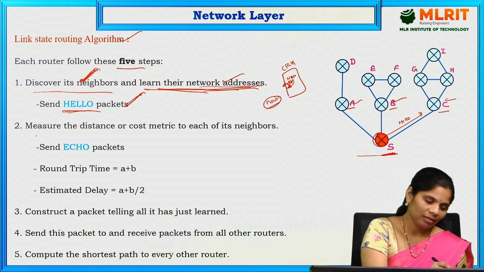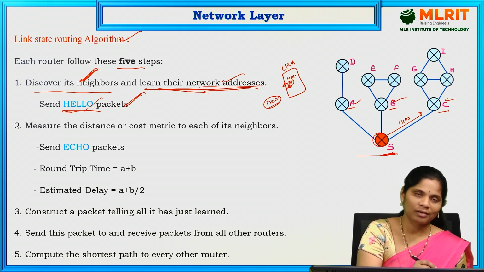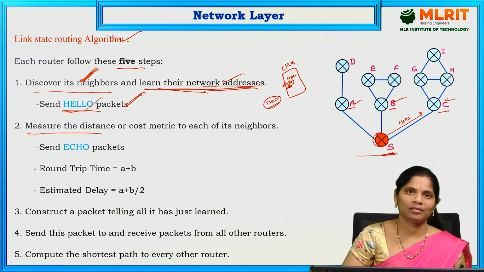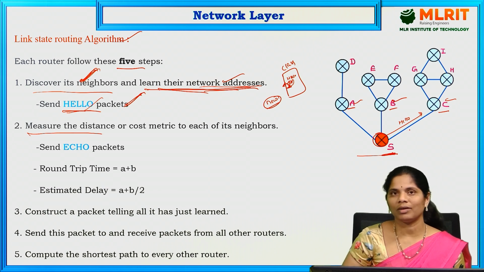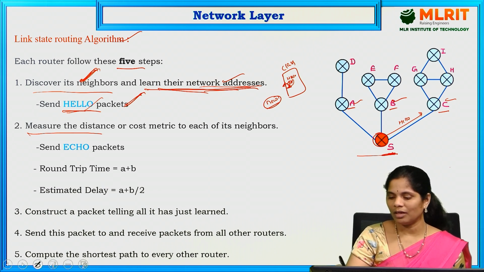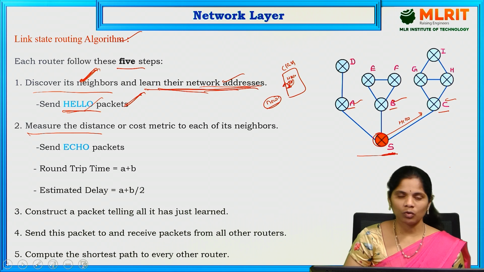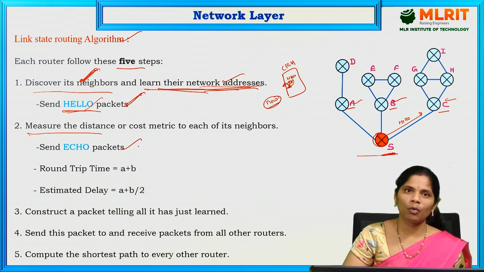The next step, after the hello packet is sent, is to measure the distance. What is the distance between S to C, S to B, S to A? How are we going to find the distance? Using echo packets.